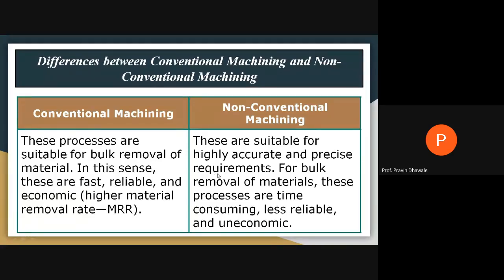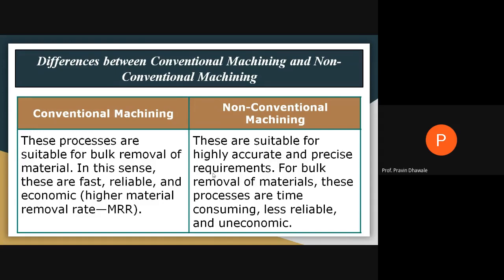But the non-conventional machining processes are suitable for highly accurate and precise requirements. If there is a bulk removal of material required, it will consume more time to remove the material, and these processes are less reliable and uneconomic when we are thinking about removal of material in a bulk amount, right?